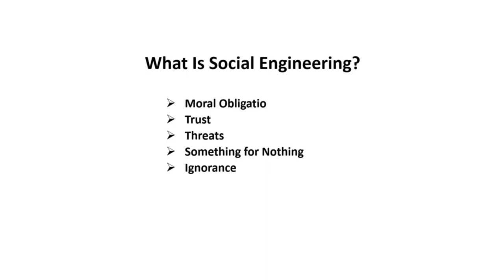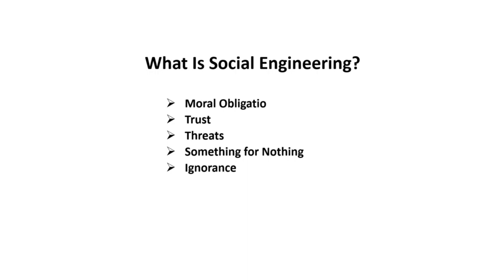An attacker may prey on a victim's desire to provide assistance because they feel compelled to do so out of a sense of duty. Then trust. Human beings have an inherent tendency to trust others. Social engineers exploit a human's tendency to trust by using buzzwords or other means. In the case of buzzwords, for example, use of familiar terms may lead a victim to believe that an attacker has insider knowledge of a project or place.